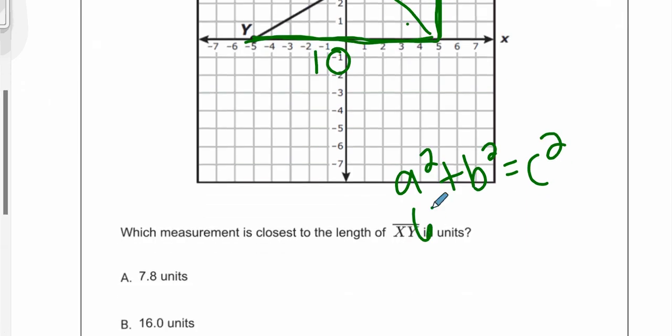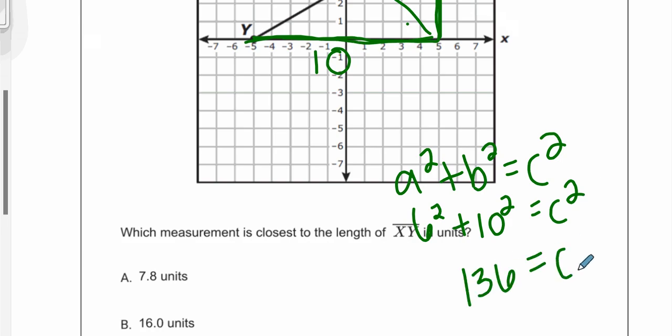So I have 6 squared plus 10 squared equals c squared. 6 squared plus 10 squared is 136. So c squared equals 136. I'm going to take the square root. The square root of 136 is 11.6.